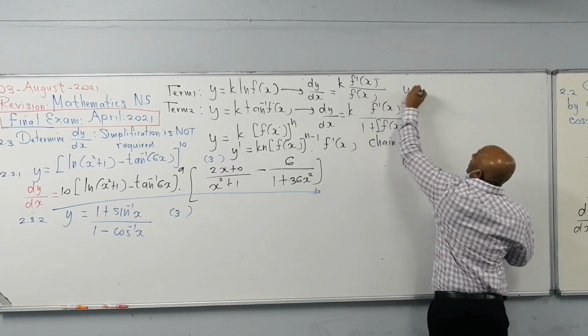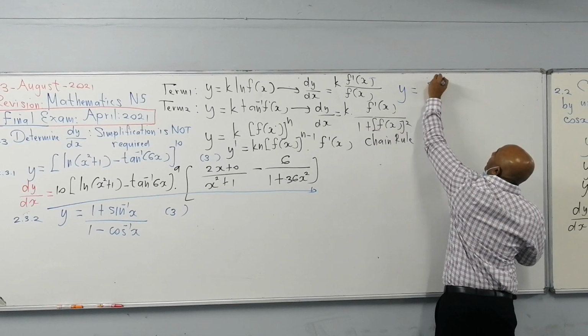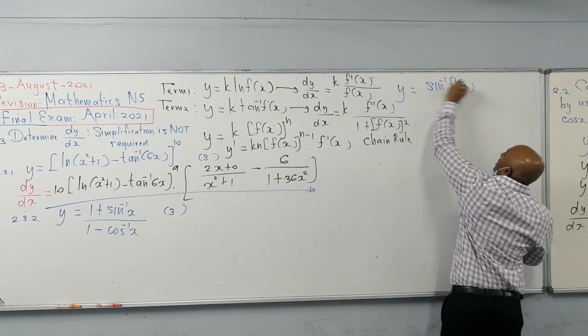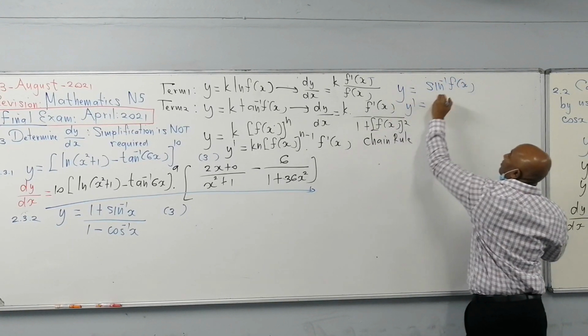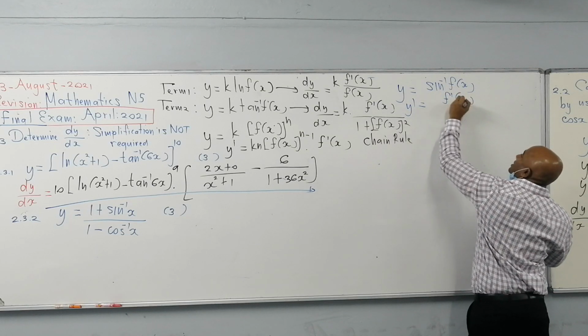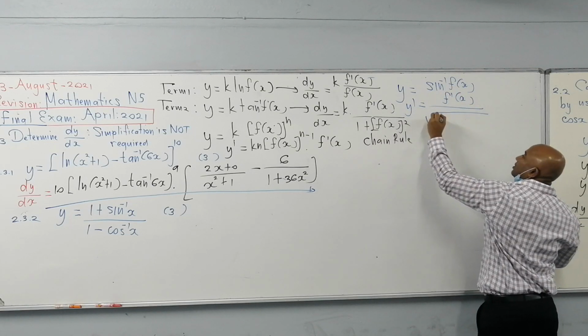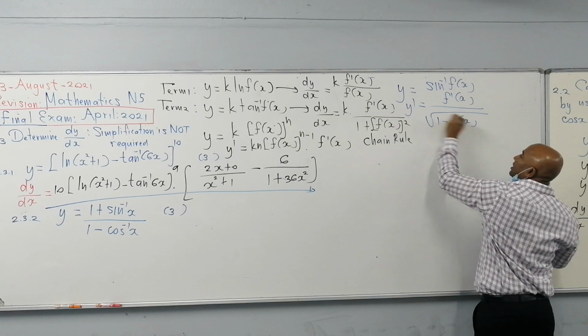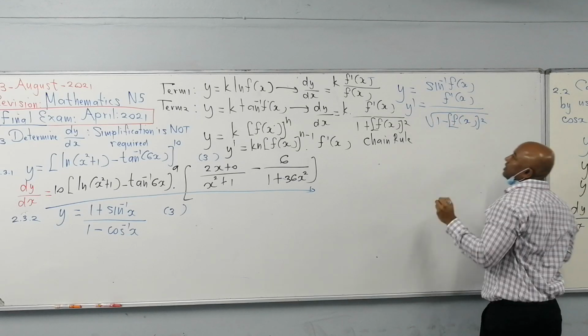So if y is equal to inverse sine f of x, then your derivative here is going to be f prime x all divided by the square root of 1 minus f of x all squared.